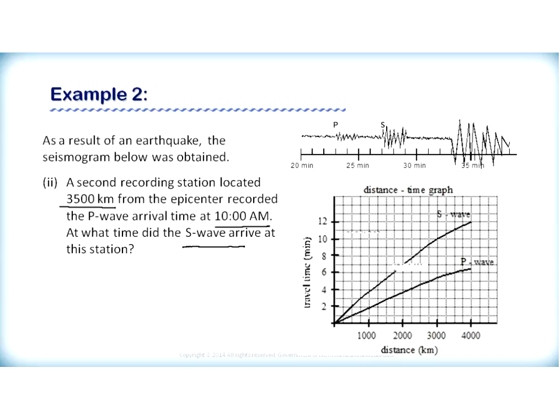So if we go to our diagram at 3,500 kilometers, which is right here in the middle, we can draw a line straight up where it intersects the P wave line. So we know that this P wave arrived at 10 a.m.